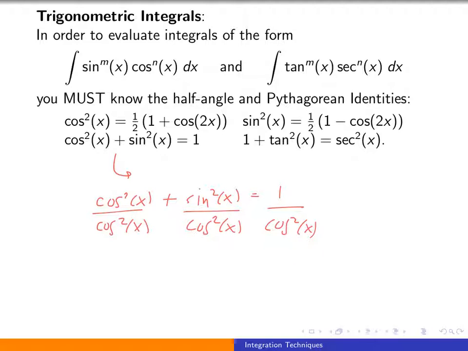And when you do that, you have 1 plus sine squared over cosine squared, which is tangent squared, equals 1 over cosine squared, which is secant squared.